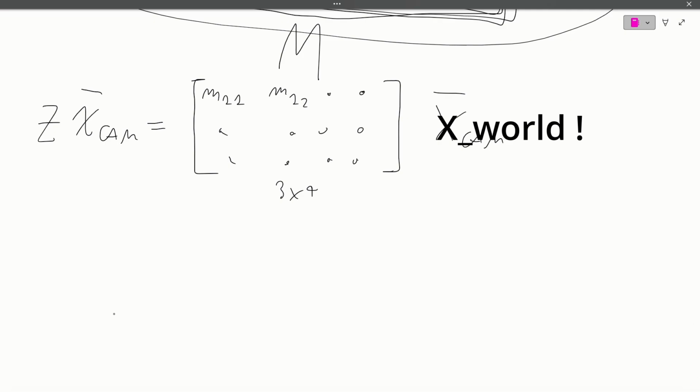Why? Because if we have a fixed camera at a point, I will try to draw it. We have a fixed camera here like this.